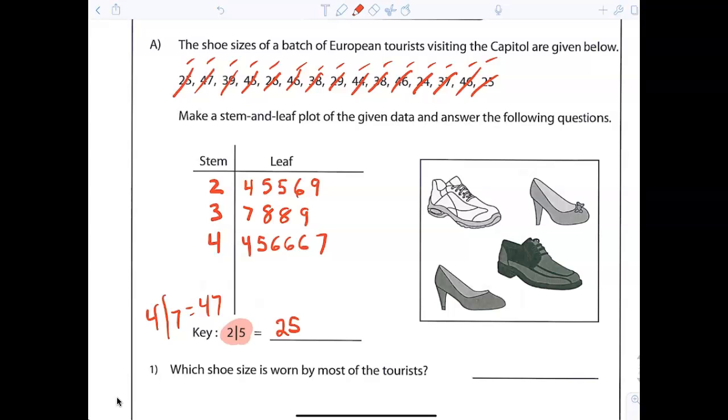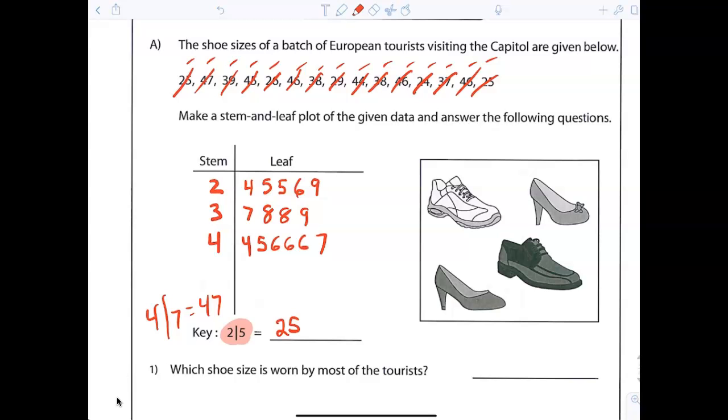Is everybody with me on that? That's kind of silly, right? Like I said, it's just another way of organizing data. Have I ever done it? Never, ever, except in pre-algebra. But again, I've seen it on standardized tests.